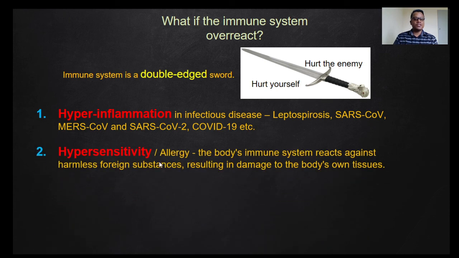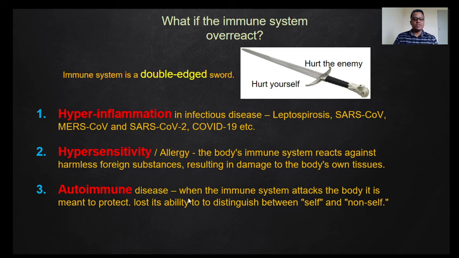Second, hypersensitivity or allergy, where the body's immune system reacts against harmless foreign substances, such as your immune system responding to dust, responding to peanuts, which it shouldn't. This results in damage to the body's own tissues.